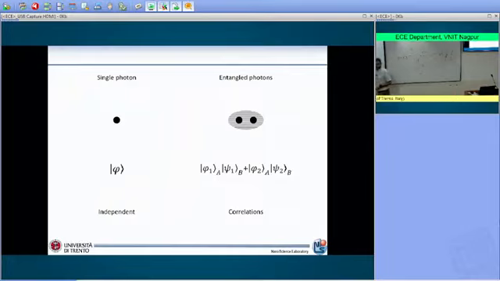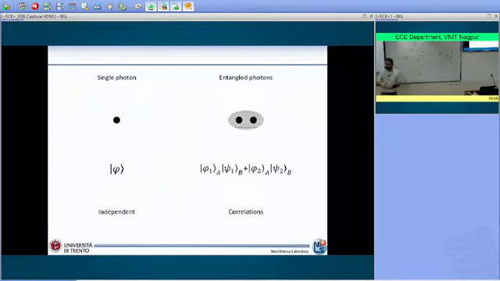If you have two photons, the overall wave function, so let's use capital letters. The overall wave function of two photons, if those two photons are single photons, will be the product between the wave function of the first photon times the wave function of the second photon. Okay?